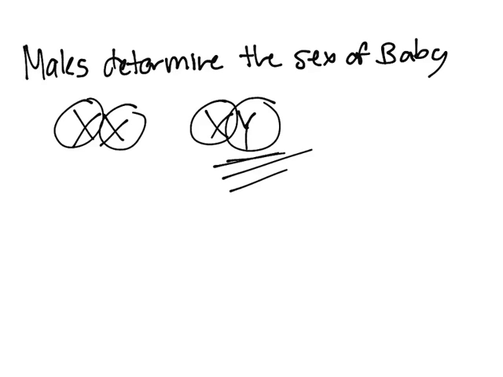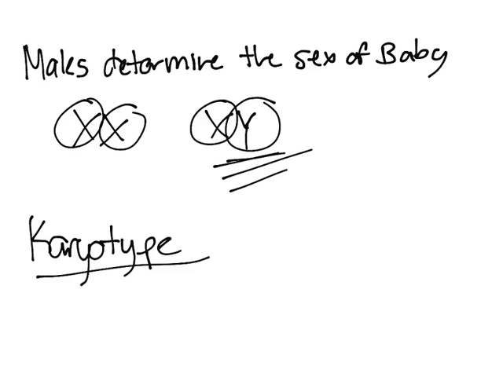And then a cool way to actually see all of the chromosomes is called a karyotype. And essentially what it does is it takes all of the chromosomes when they're condensed and lined up during metaphase or something, and it just takes a picture of all of them and then puts them on a sheet.